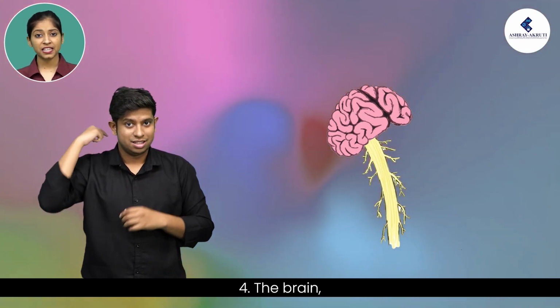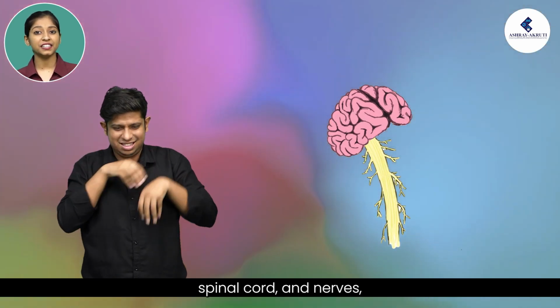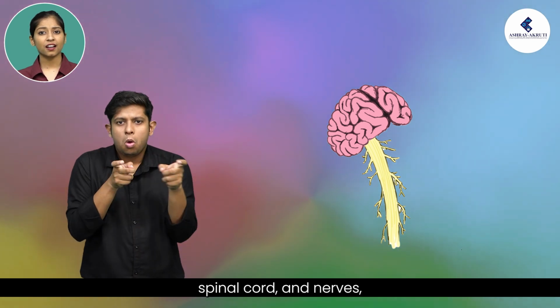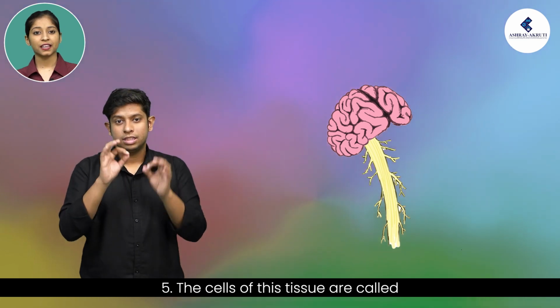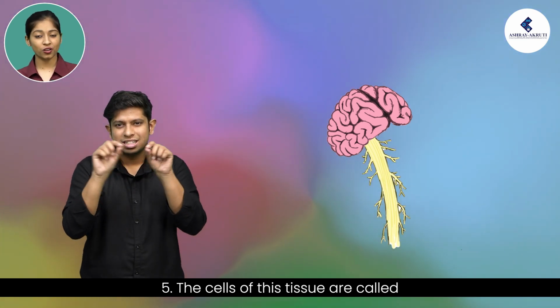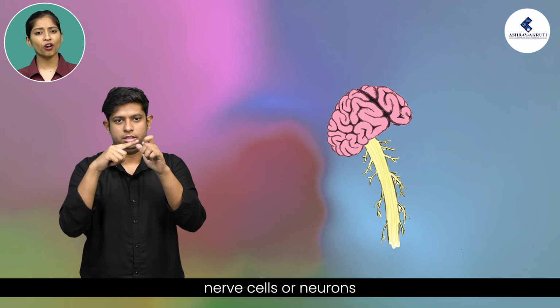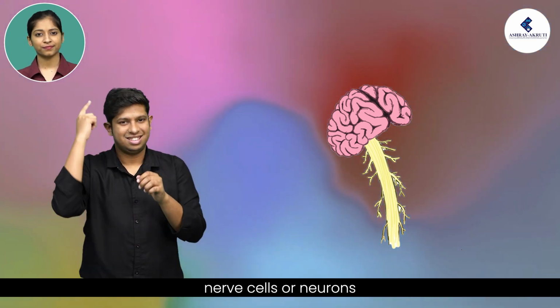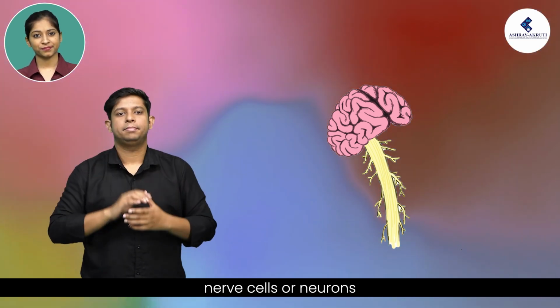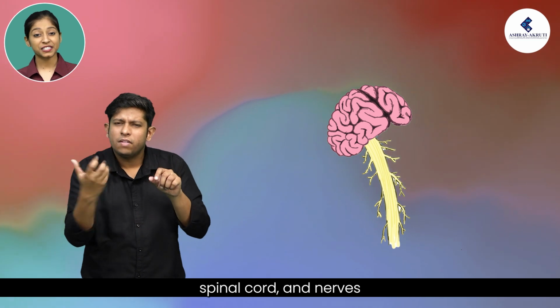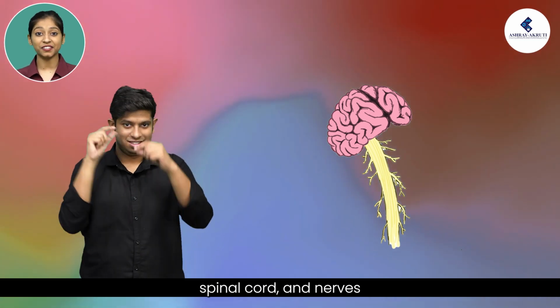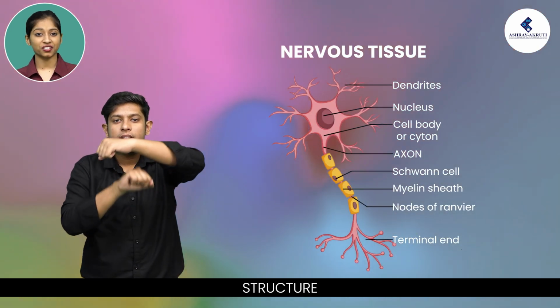The brain, spinal cord, and nerves are all composed of the nervous tissue. The cells of this tissue are called nerve cells or neurons. Location. Nervous tissue is found in the brain, spinal cord, and nerves. Structure.